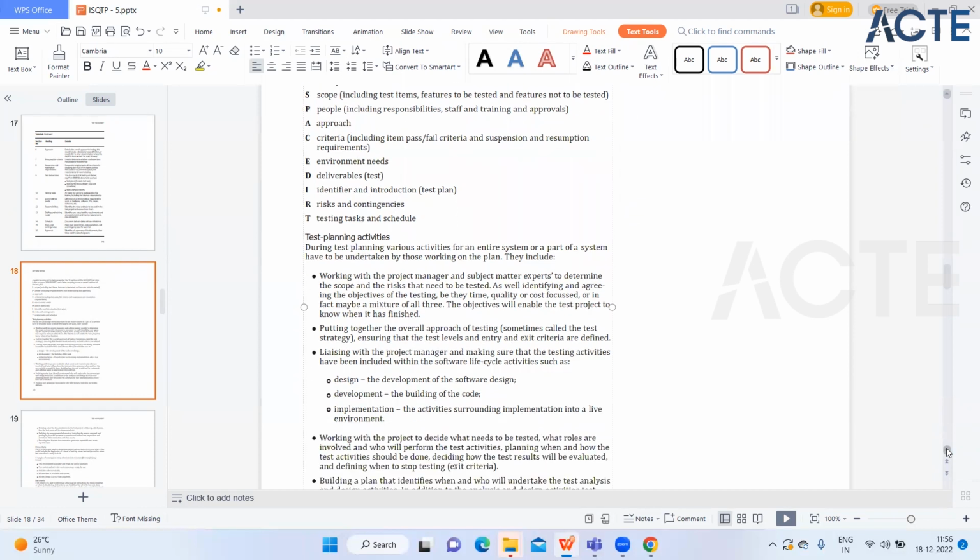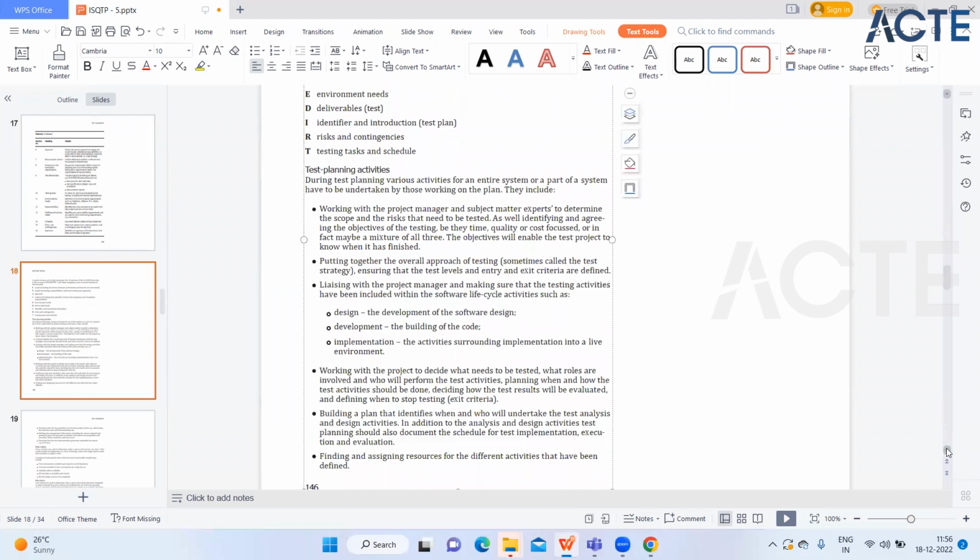Now, this is the test planning activities. During test planning, various activities for an entire system or a part of a system have to be undertaken by those working on the plan. They include working with the project manager and subject matter experts to determine the scope and the risk that need to be tested.